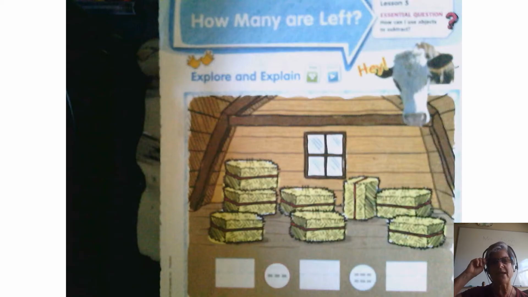Let's look at this page. It says how many are left on the top. Above that's a line. Please write your name on that, please. Just your first name using a pencil. Then you're going to look below that, and you're going to see some bales of hay.